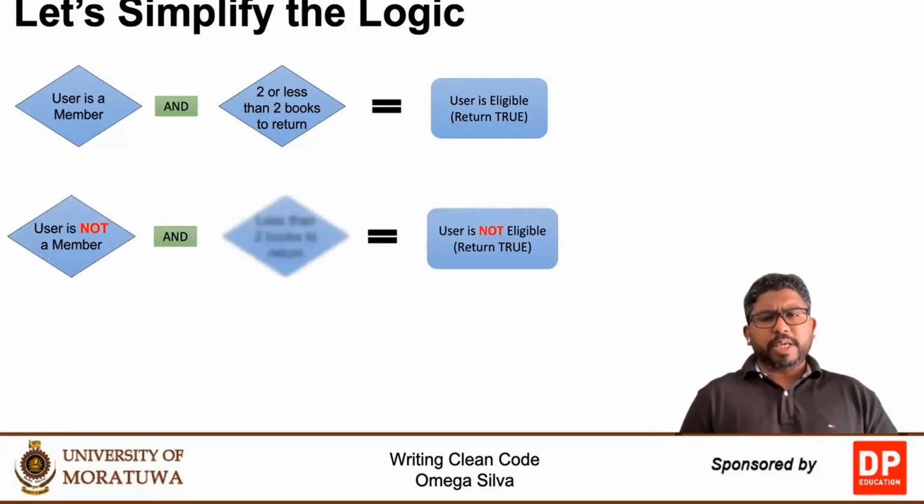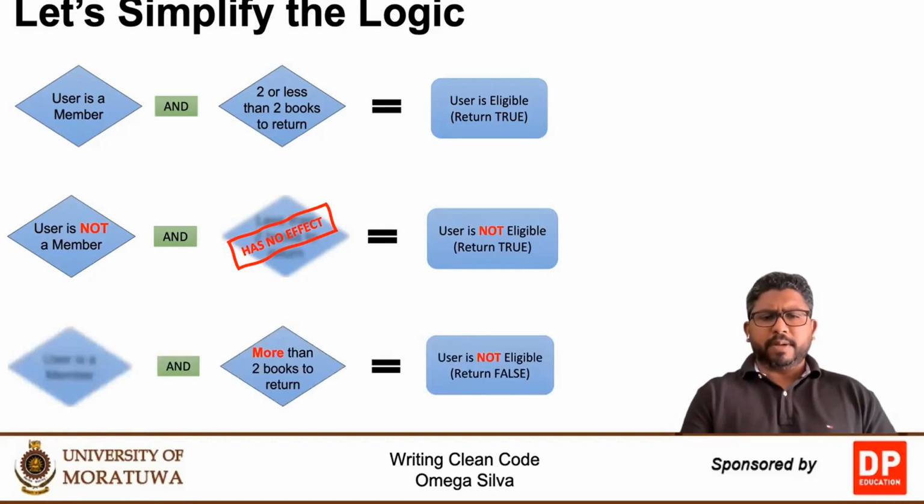If the user is not a member, irrespective of whether the user has more than 2 books or less than 2 books, the user is considered not eligible. In other words, if the first condition fails, irrespective of whether the second condition passes or not, the end result would be the same.